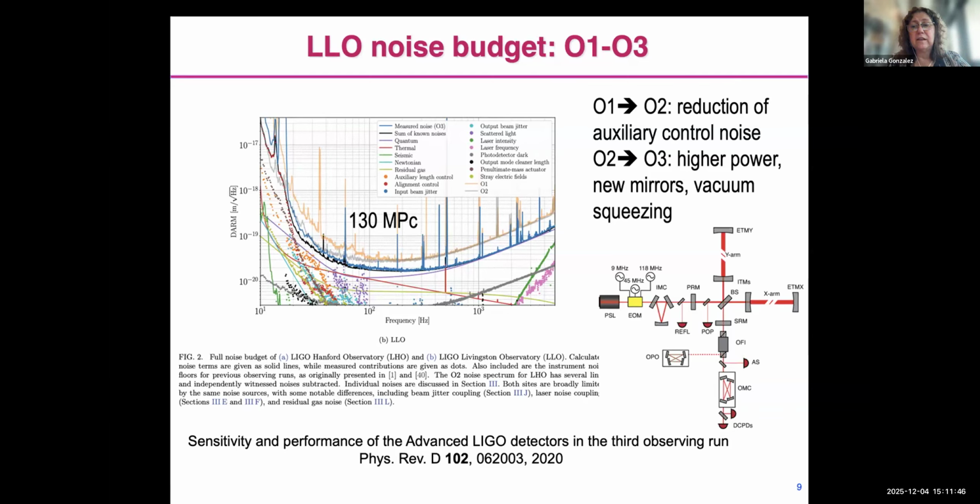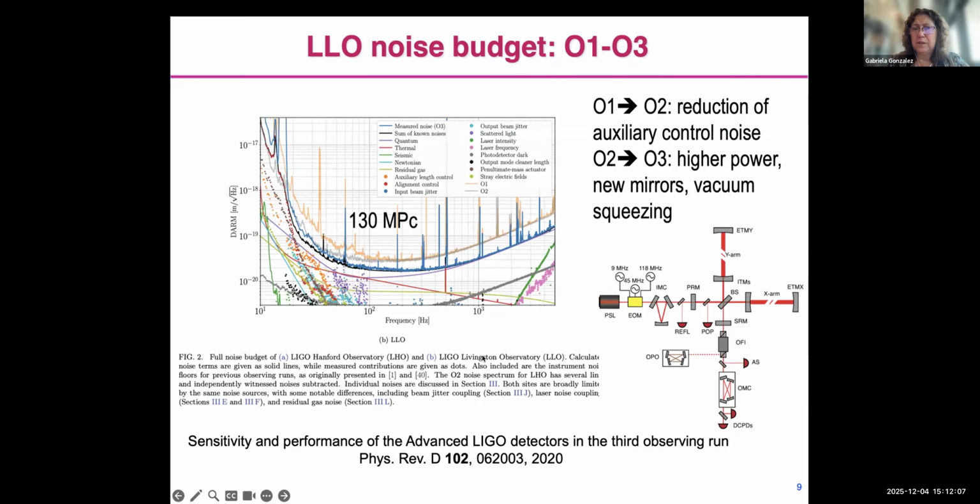It had been tested at the end of initial LIGO, so it was installed because increasing the power has turned out to be a lot more difficult than thought in the beginning, and squeezing is right there. So we got to 130 megaparsecs. The Advanced LIGO design sensitivity was around 170 megaparsecs.